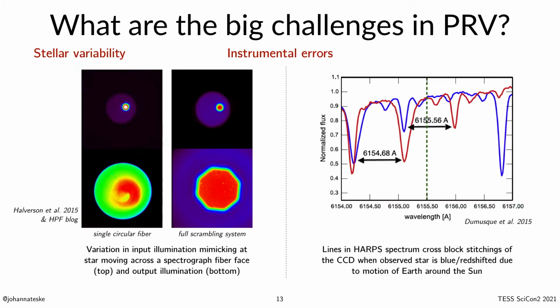Another hurdle in our path is instrumental stability, or errors introduced by the instrument itself. For example, how accurately can my instrument monitor line profile? These are some cool movies from the blog from the Habitable Planet Finder, looking at variation in the illumination of their fiber from the star moving across the spectrograph fiber face.